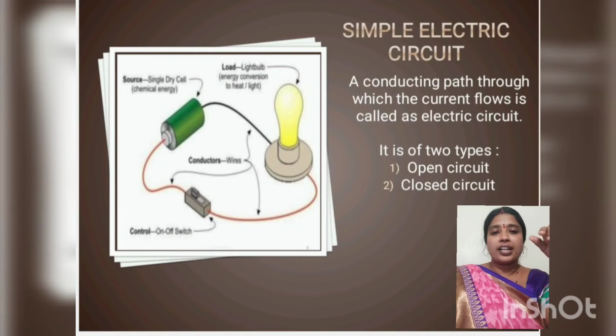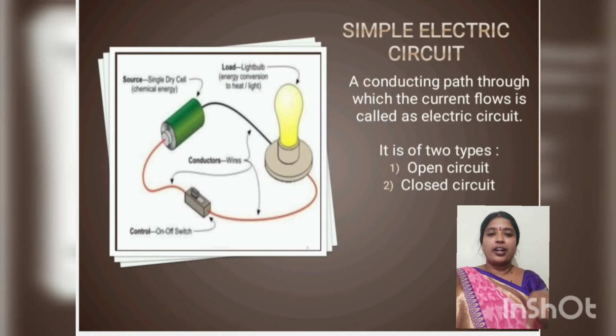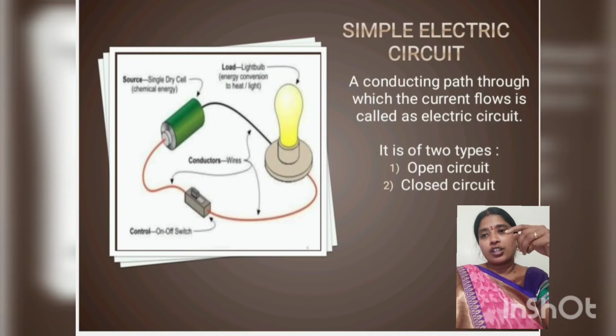So both the terminals will be connected to the bulb so that there will be continuity. That path through which the current was flowing, which is responsible for the glowing of the bulb, is known as an electric circuit.